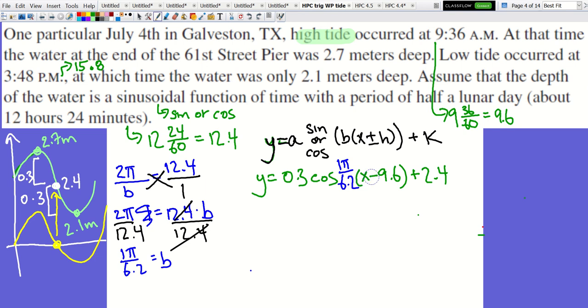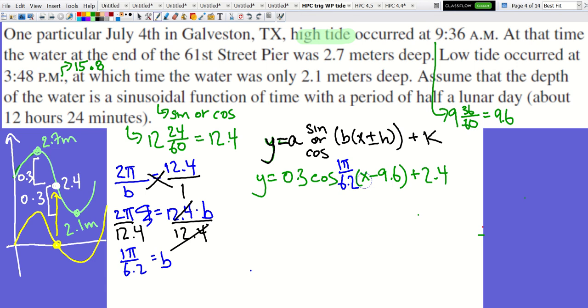And if you want to, we can go the opposite way now and use this function to go backwards. So let's say we know the tide is at 2.5. If the tide is at 2.5 meters high, what time of the day does that occur?